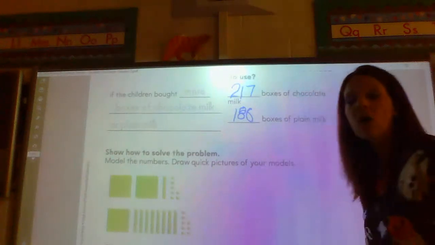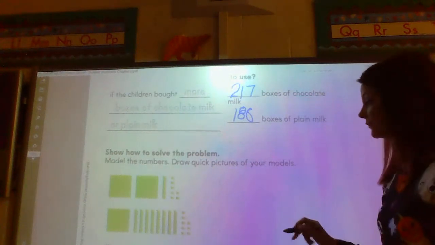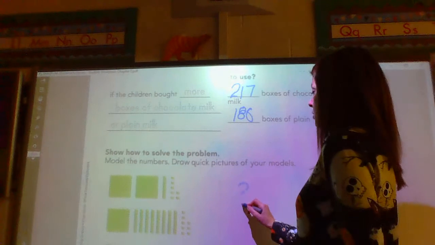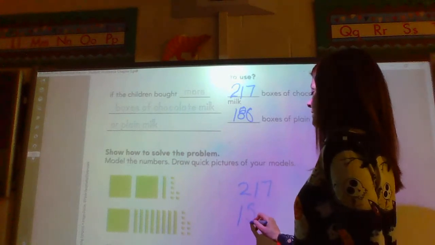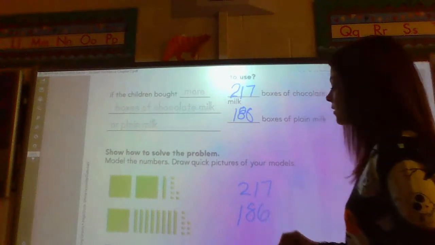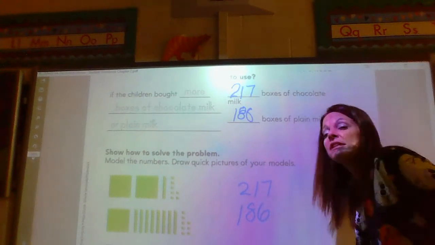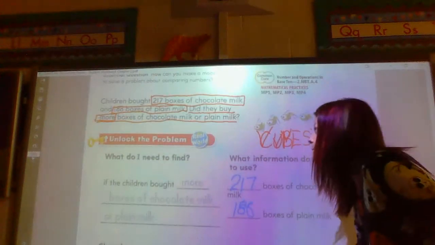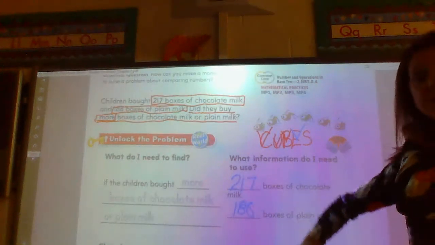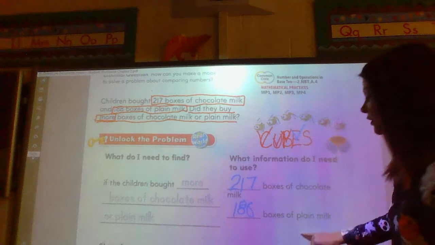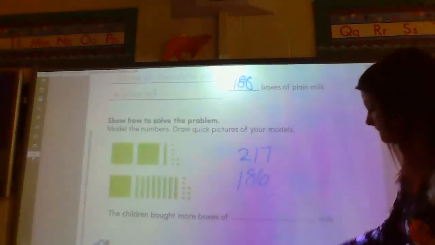I can also write my numbers over here to compare. So I have 217 and 188. So we just evaluated our problem by going through and drawing a picture and also writing our numbers so we can compare them.